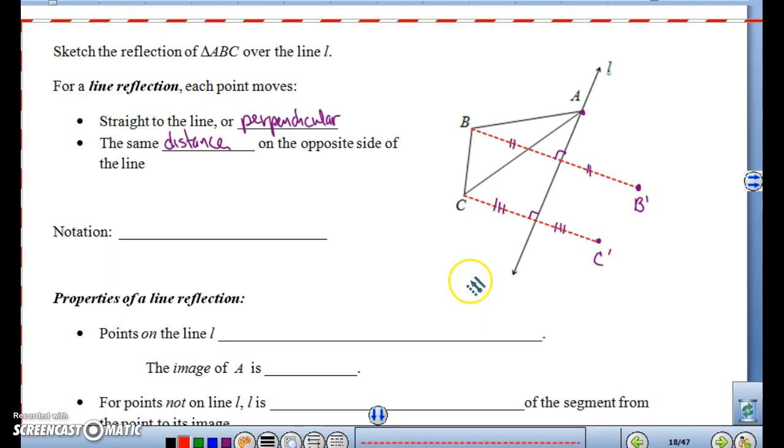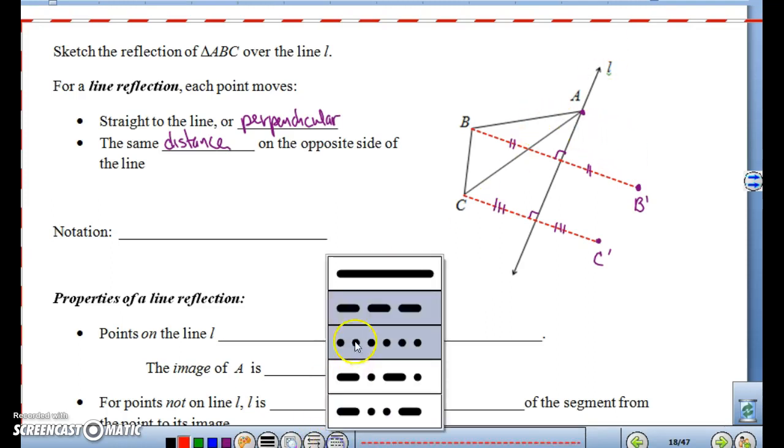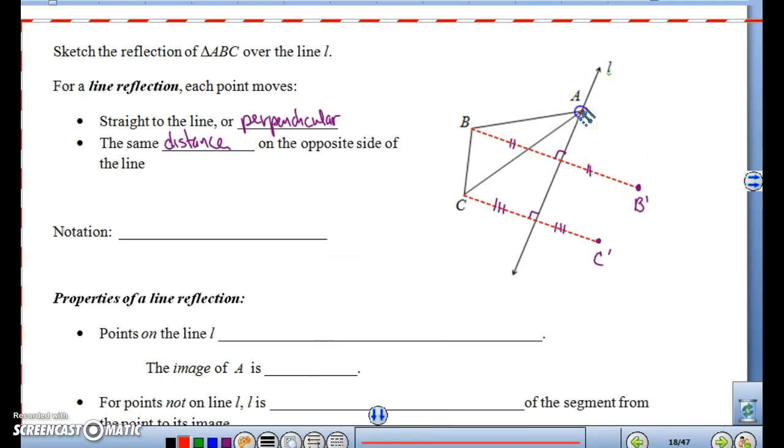Yeah, it is. So when I create my triangle on the opposite side, it should be a perfect mirror image of what I had originally. So this triangle and this triangle should be exactly the same. If I were to fold on line L, those triangles would match up perfectly.